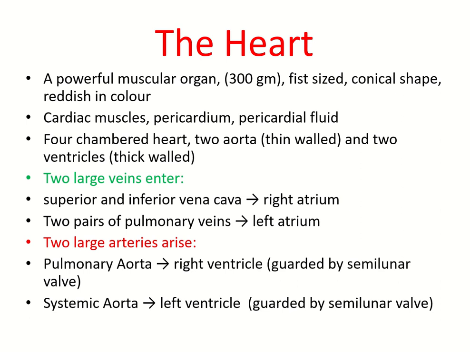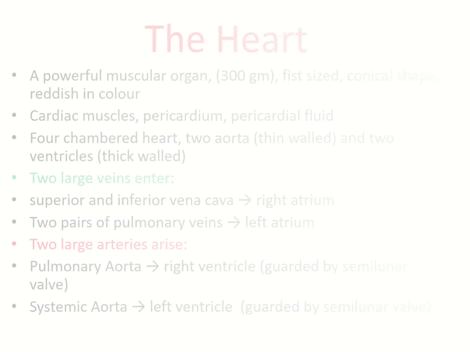Number one, the pulmonary aorta, that carries blood from the right ventricle to the lungs. While another is the systemic aorta, which carries oxygenated blood from the left ventricle to all the body parts. Both of these aortas are guarded by semilunar valves, which stop the backward flow of blood.